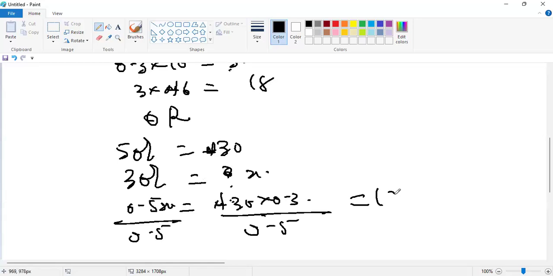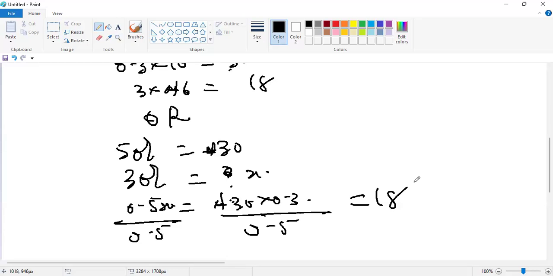It will still give you 18. By saying if 50% equals 30 million, 30% will equal S, you cross multiply and you will still get 18 million.